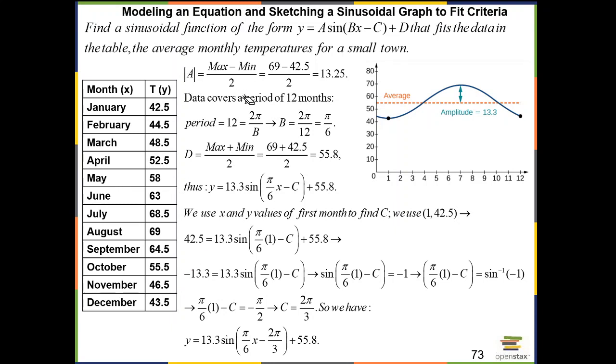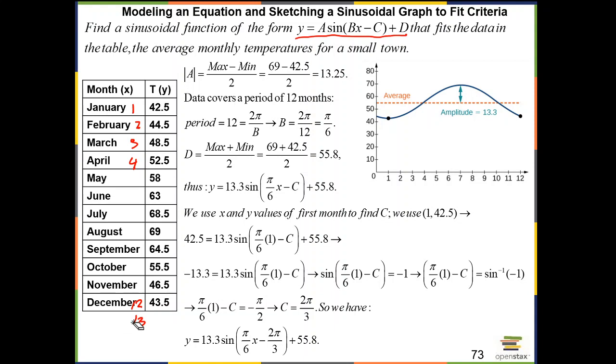So we're gonna assume we're gonna write a sine function for this periodic behavior of temperature. So we're gonna assume that January as number 1, and this is 2, 3, 4, and so forth, all the way to 12. So 13 would be again the next January, right?